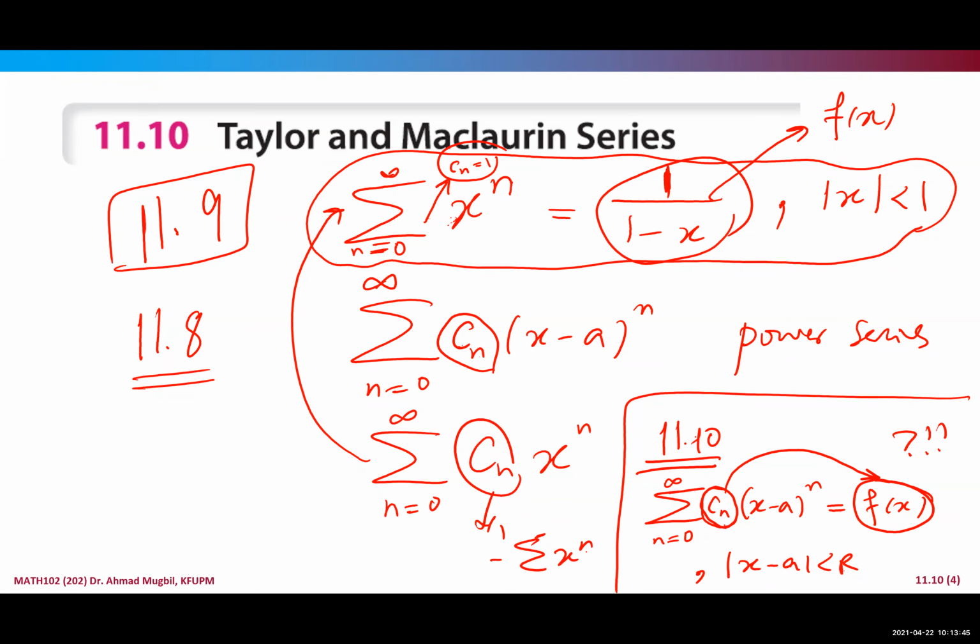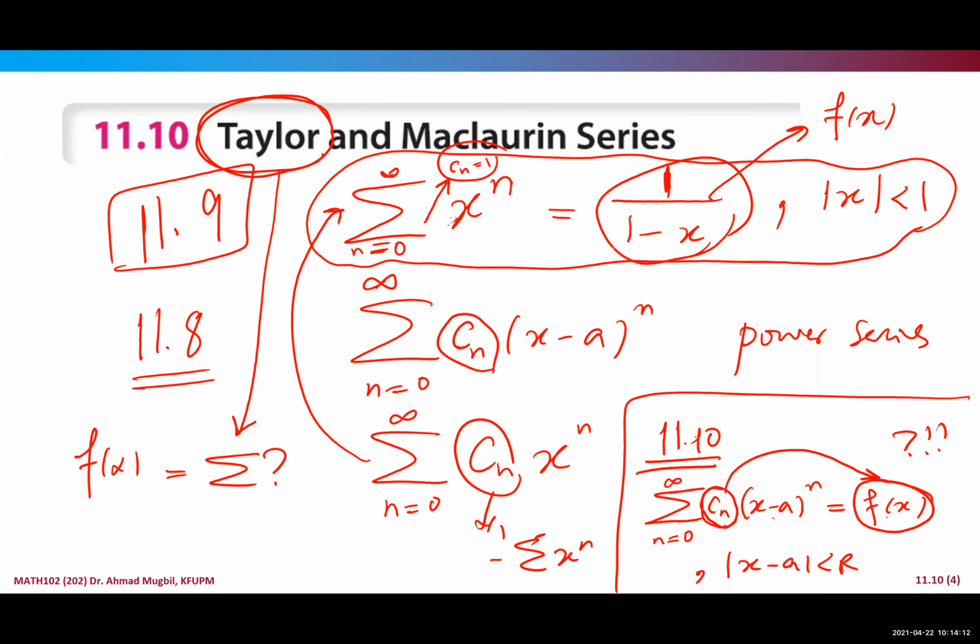In fact, Taylor had a brilliant idea, and it was a big discovery in mathematics, that he can do that. He can expand any function as a power series. So we have a function, and we want to write it as a power series. This is the question. How to do that?